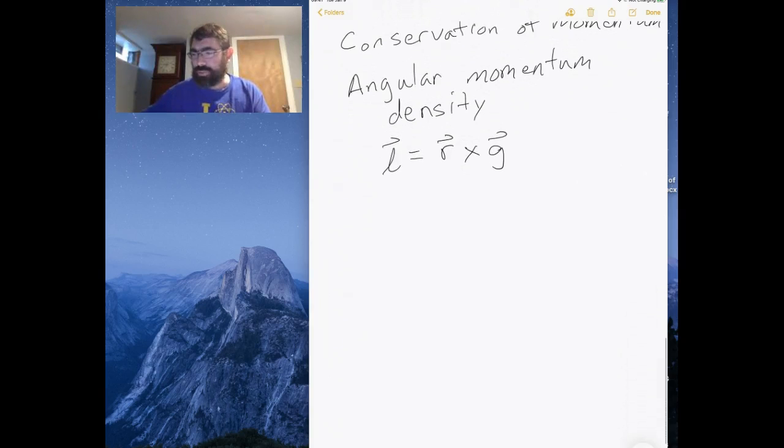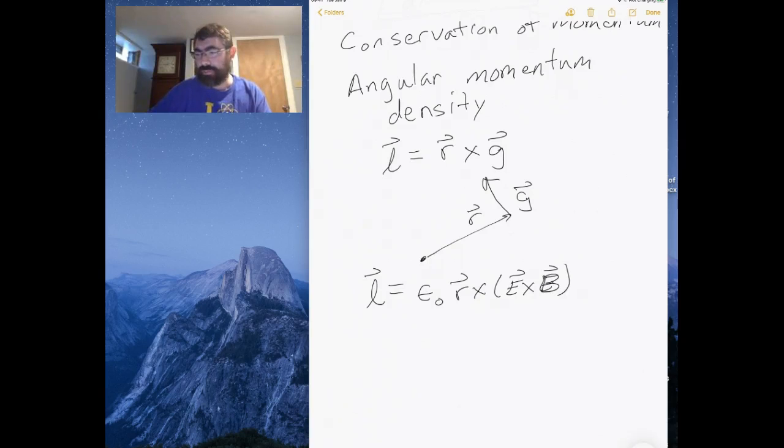Just like in normal Newtonian mechanics, if I have some moment arm and a linear momentum, but in this case it's a density, the angular momentum is still just going to be the cross product of those two terms. So I can write down the angular momentum density as epsilon naught r crossed into the electric field crossed into the magnetic field.